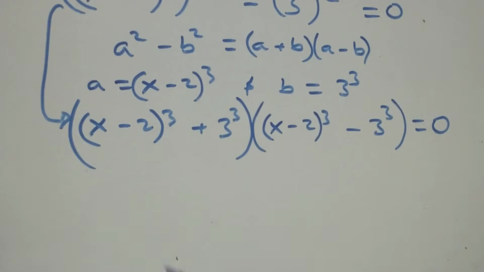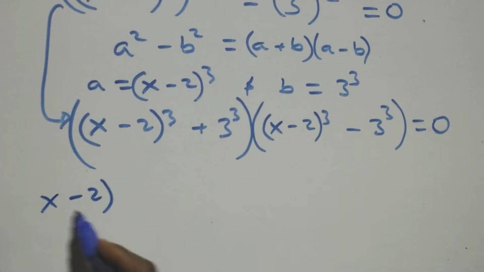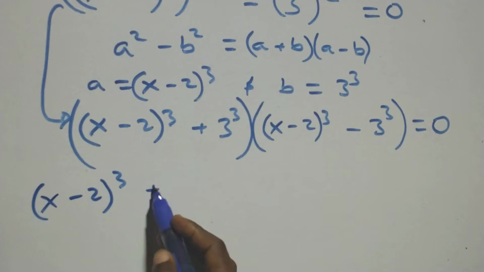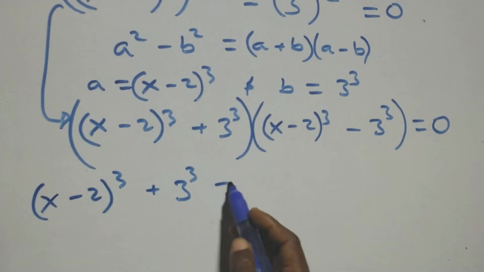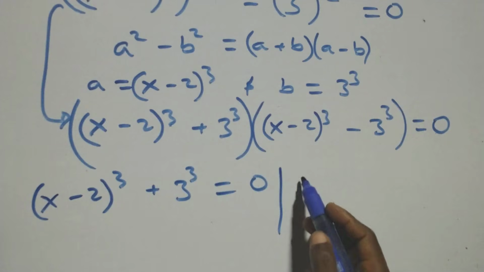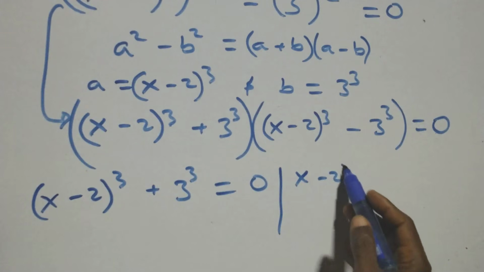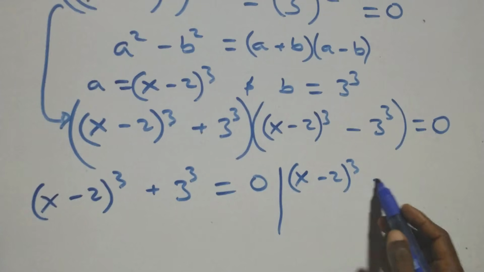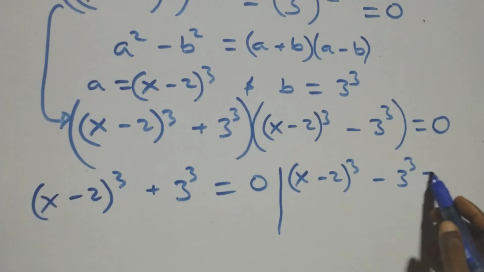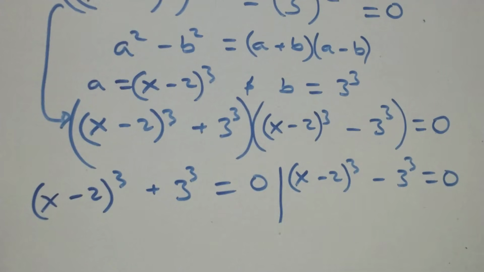Then we have two possible cases here. First one, (x minus 2) all raised to power 3 plus 3 raised to power 3 equals 0, or we have (x minus 2) all raised to power 3 minus 3 raised to power 3 equals 0.